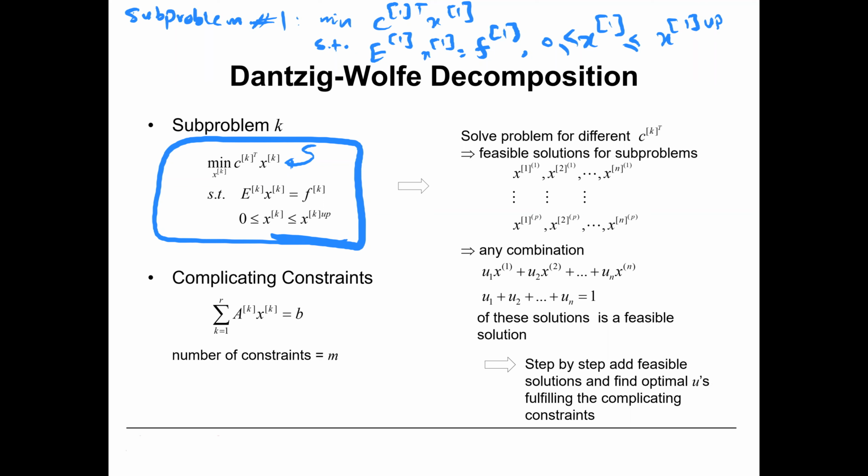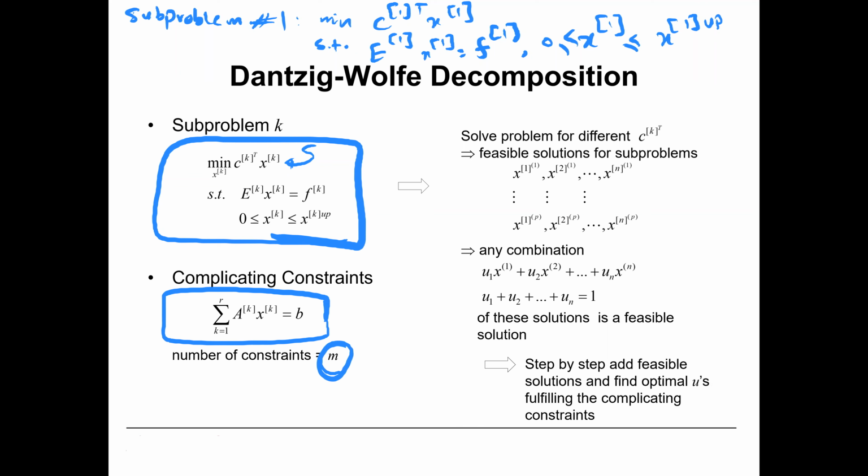All right. So as you can see, the complicating constraint is evaluated separately, and we assume that there are n number of complicating or coupling constraints.